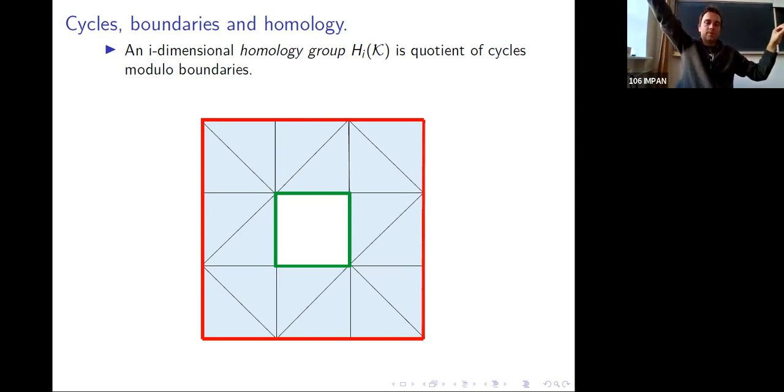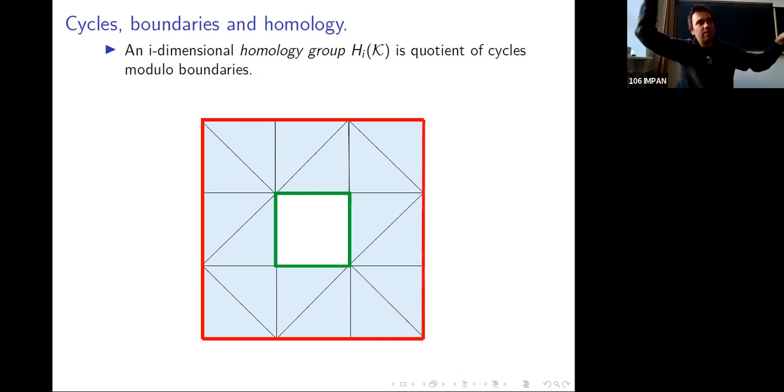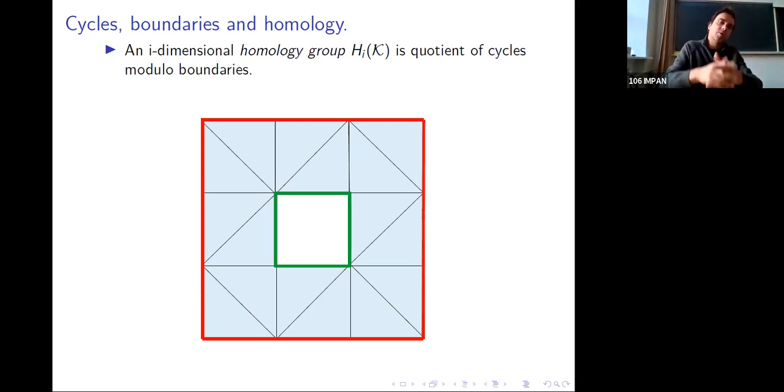Any other point can be connected with this point via a line, and therefore they will be in the same homology class because they differ by a boundary. It's essentially the consequence of the fact that this space is path connected. And we also have one generator in dimension 1 homology, and this generator is responsible for the hole in the middle. So that's what homology is doing.